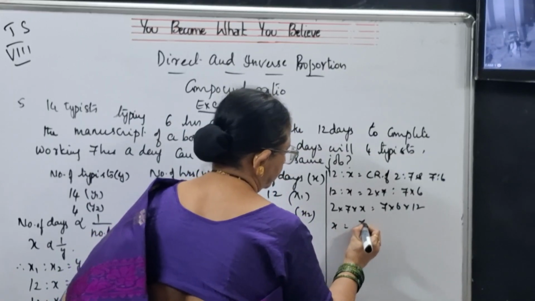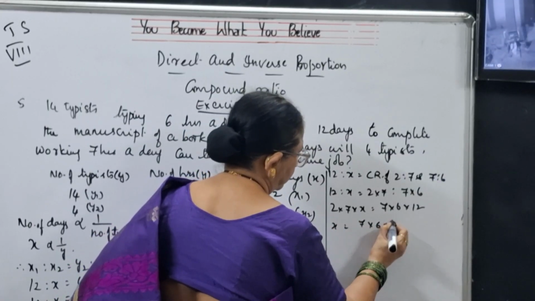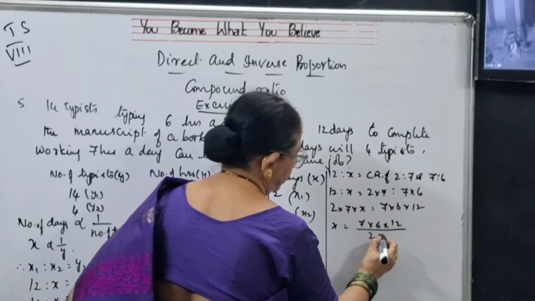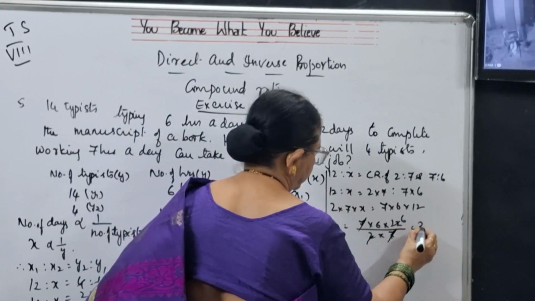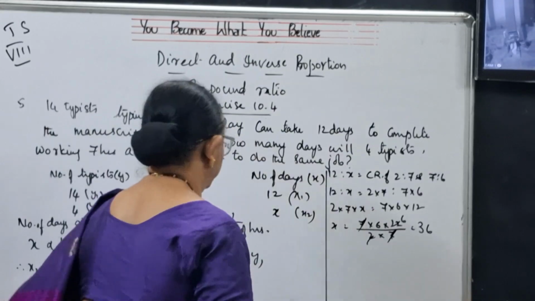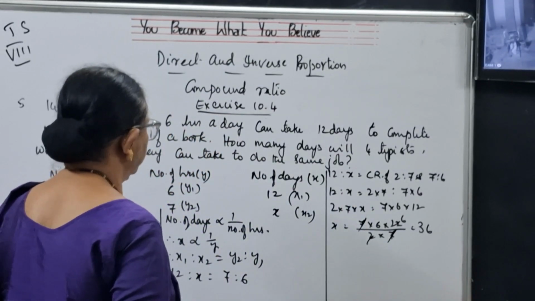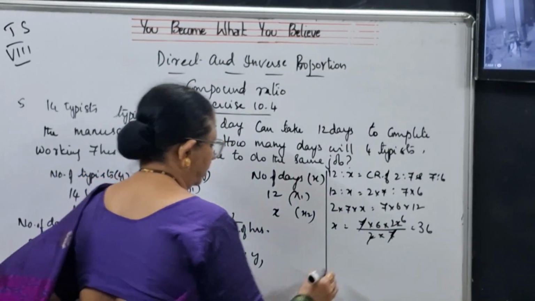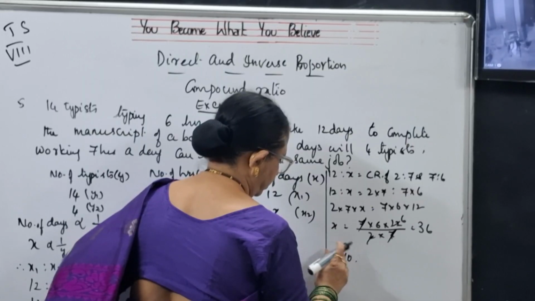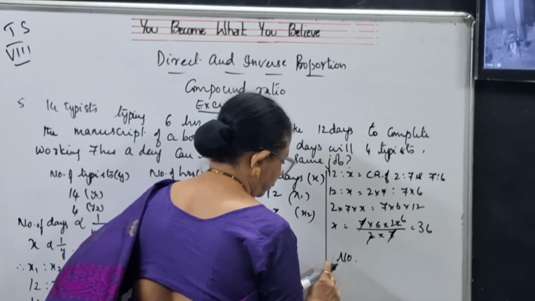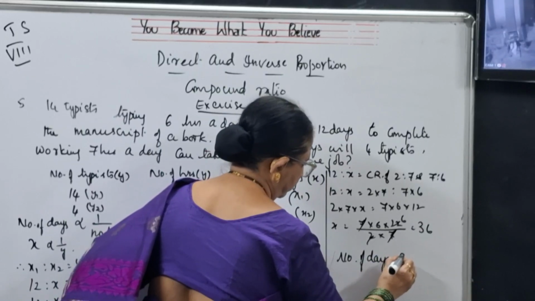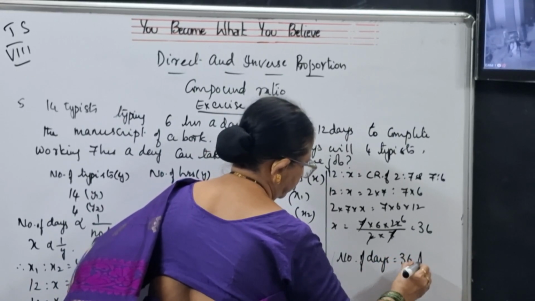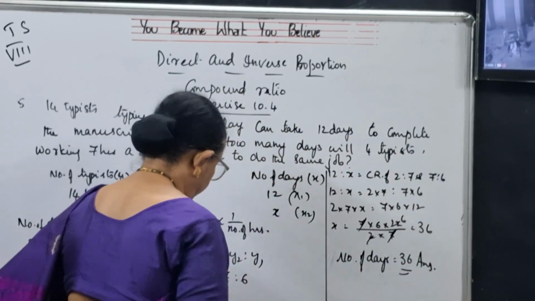So what is X? 7 into 6 into 12 by 2 into 7. 7 and 7 will get cancelled. 2 ones are 2, 2 sixes are 12. That is 36. So number of days is equal to 36 is the answer.